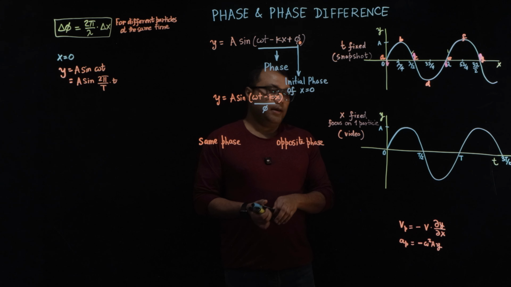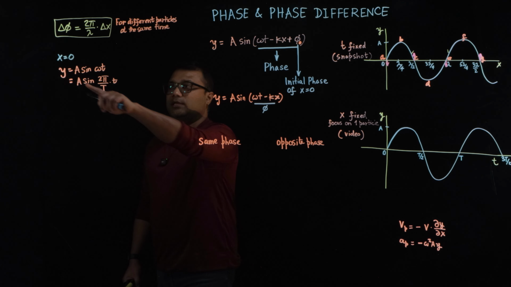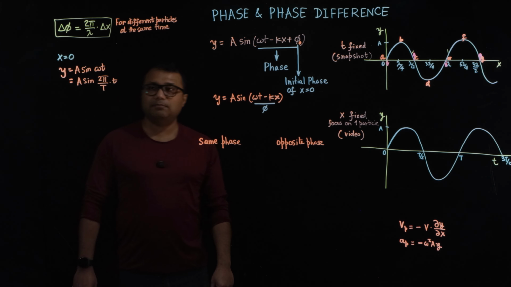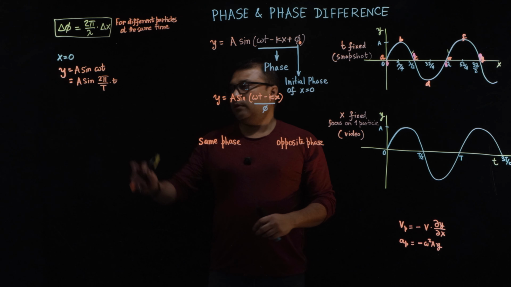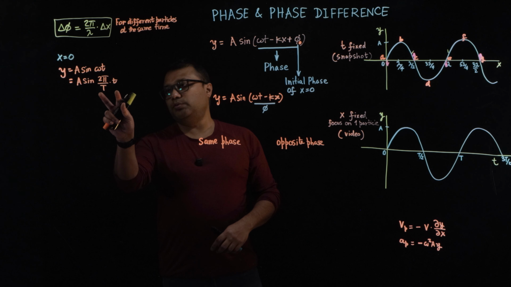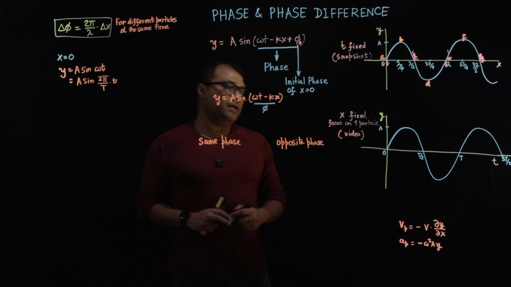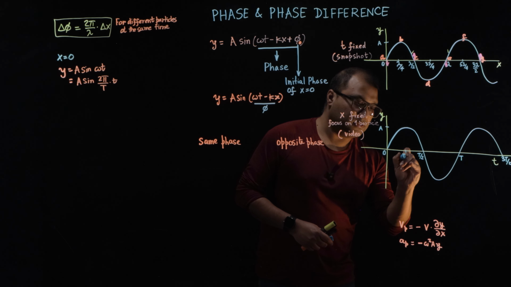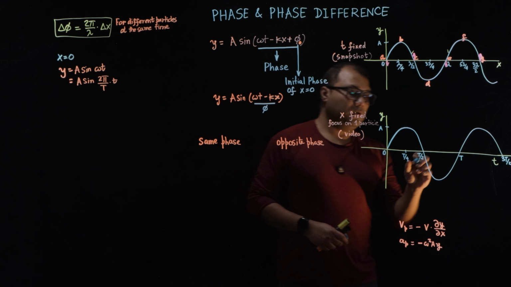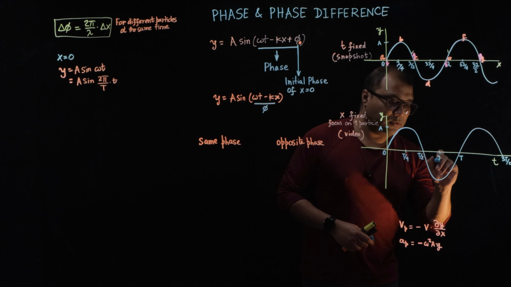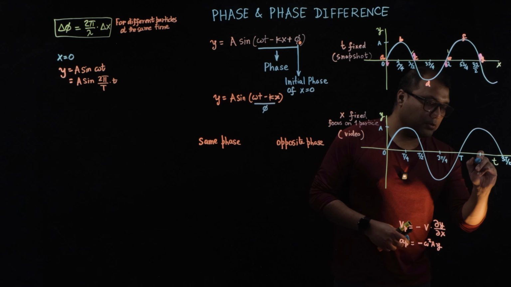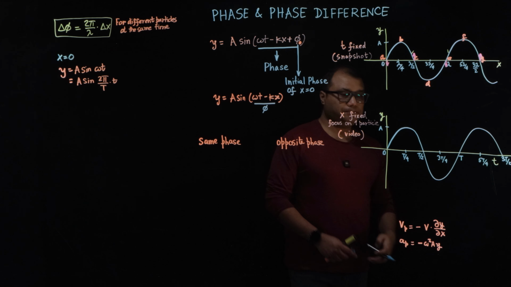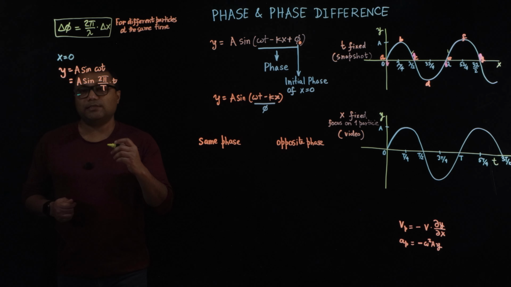Okay. At what time is value of y maximum? It is when this value is pi by 2. So that will be at T by 4. And that's obvious from the graph as well. So this is T by 4, 3T by 4, 5T by 4, and such.